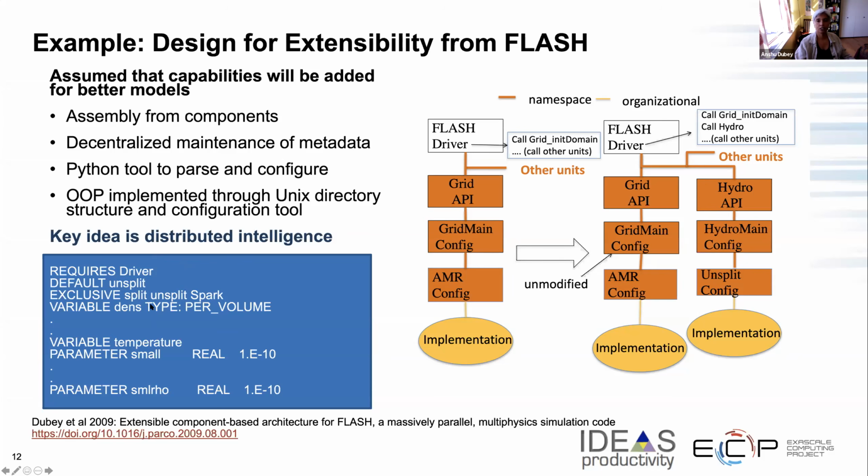This meta information, such as these are the code units that it needs to work appropriately, this is the default, this is the other components that it won't work with, these are the state variables it needs to incorporate, etc. So this is a decentralized maintenance of metadata, which effectively allows this kind of addition of an entirely new capability without having to significantly alter the existing code base. So this is the key idea: to distribute the intelligence, and that leads to an extensible code.